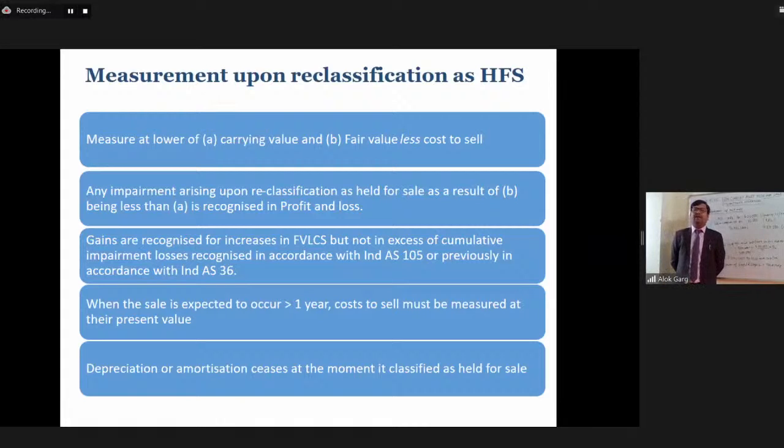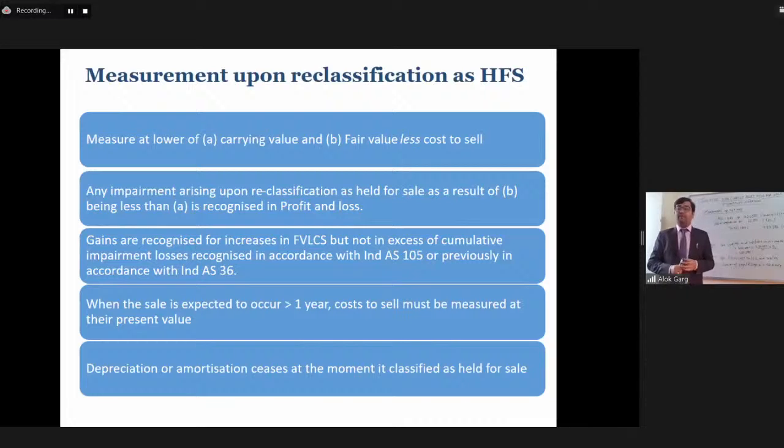For example, the fair value is 5 lakh rupees for an asset, and the entity is expecting that the sale, because some regulatory things are involved, is highly probable but could be concluded in 15 months. At the time of sale, around 50,000 rupees of expenditure will be incurred. So in this case, 50,000 will be discounted to present value, and let's say it becomes 40,000. So 5 lakh minus 40,000 is the fair value less cost to sell at the date of classification as held for sale.